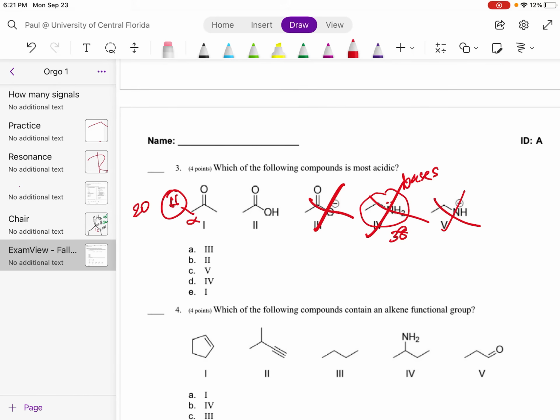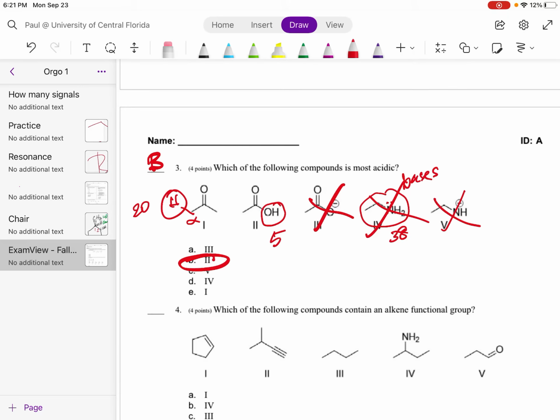But now this carboxylic acid right here, we know that carboxylic acids have a pKa of approximately 5. And so that would mean that number 2 would be the stronger acid, the most acidic. So B would be the correct answer.